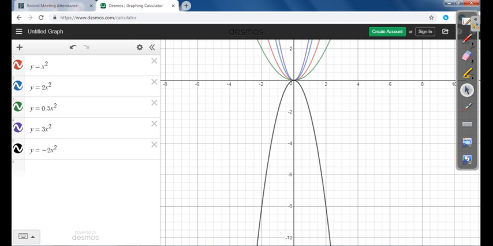So what's happening here, the negative is causing it to flip, and the 2 is causing it to stretch. Okay? So here's your original. Eyes on me. Here's your original. The negative is causing it to flip, and the 2 is causing it to vertically stretch. Okay? How about if it's negative 0.5x squared?